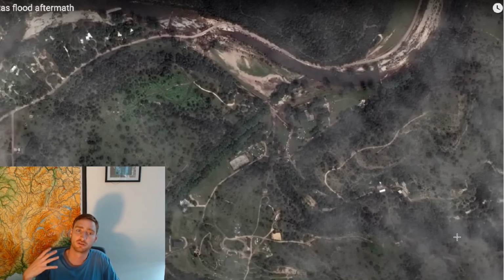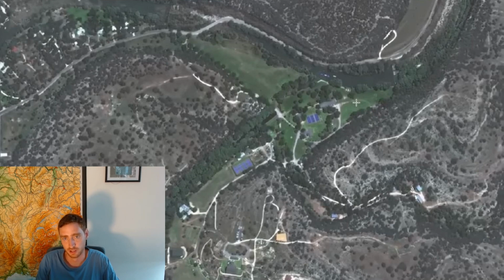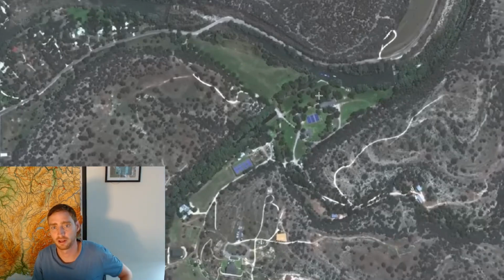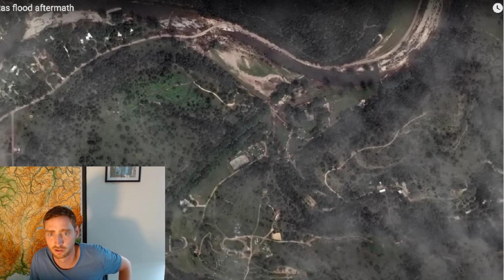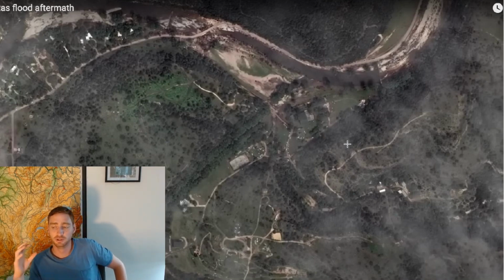Now, another thing that illustrates the speed and the force of this event is the trees. If you go to the before image, this area just south of the South Fork has a bunch of trees sitting there that are completely gone after the flood, right? So this is an extremely powerful and vigorous event.